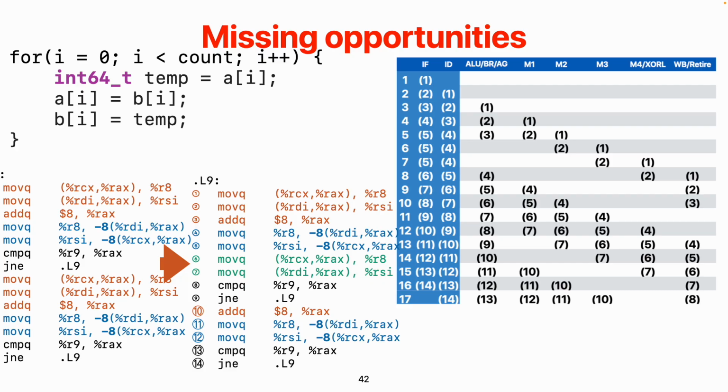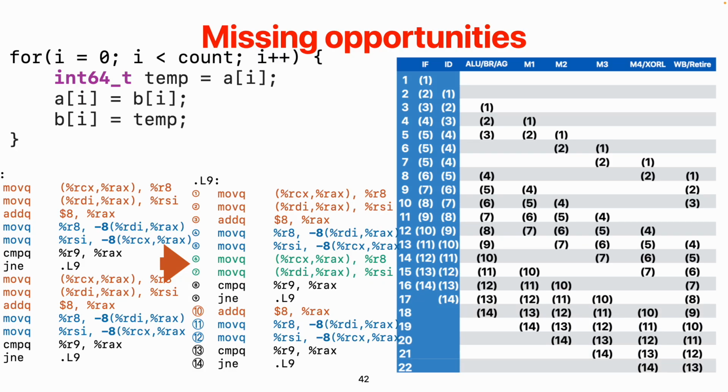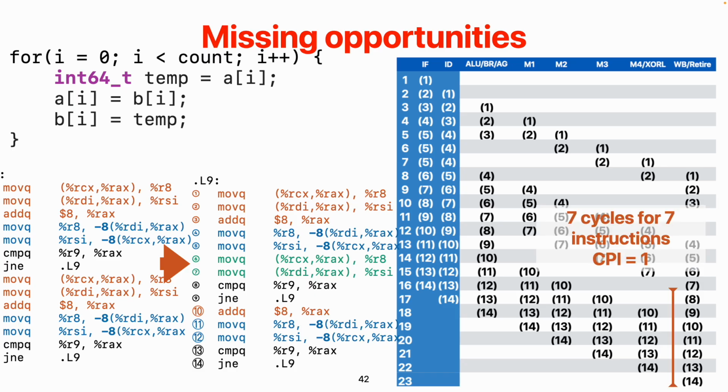So it turns out that at the end, I will not suffer any stalls when I execute this unrolled loop. That's why now we can finally get back to CPI equal to 1 with loop unrolling.